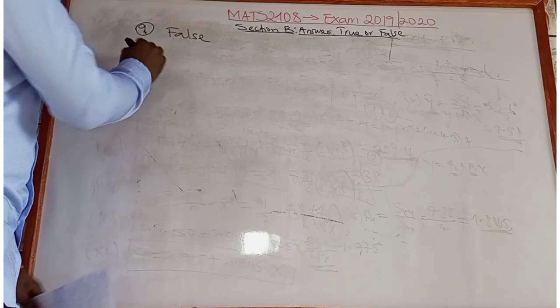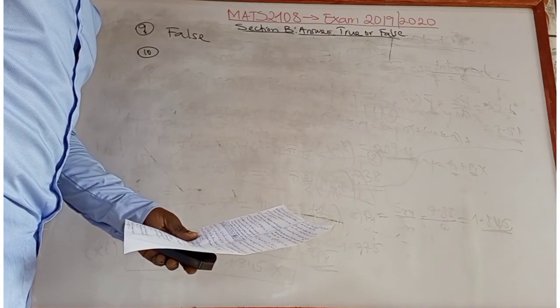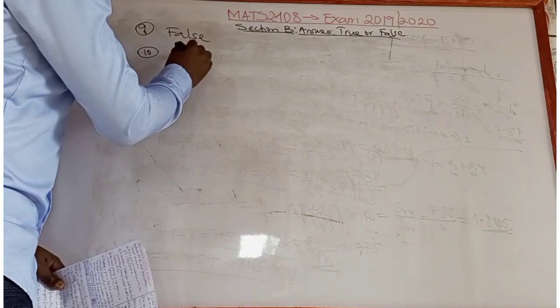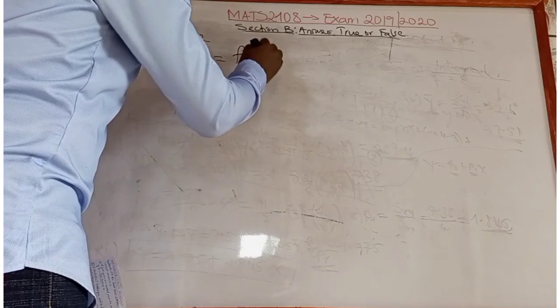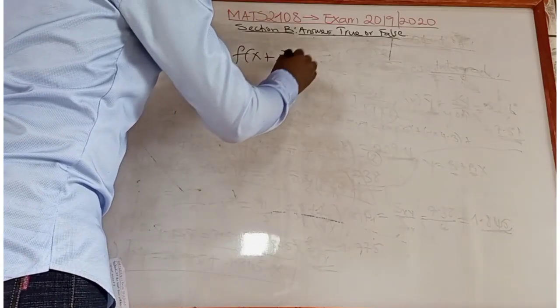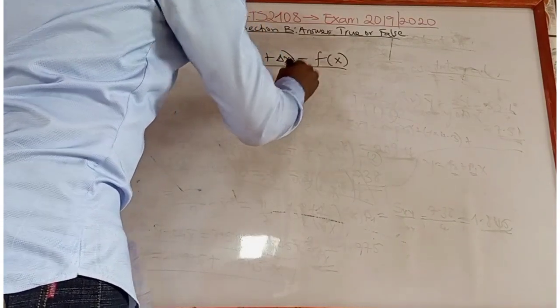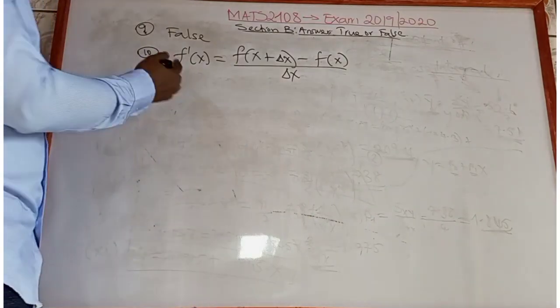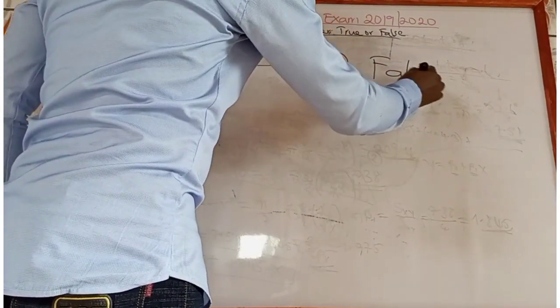Then number 10 says that the definition of the first derivative of a function f of x is f prime of x equal to f of x plus delta x minus f of x on delta x. Well, this definition is also wrong. It's false.